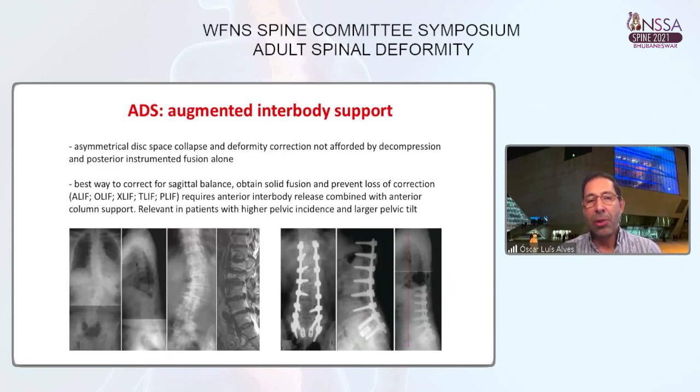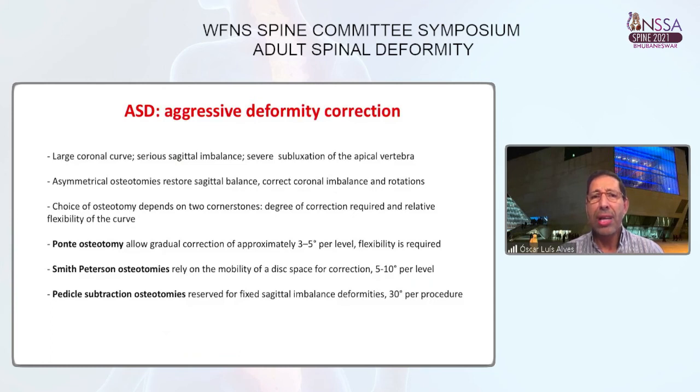Different methods, I'm not going through all of them, with different merits and capacities, and this interbody support is relevant in patients with higher pelvic incidence or large pelvic tilt, where you need to correct more of the lordosis. Aggressive deformity correction, you will hear more in the next presentations.